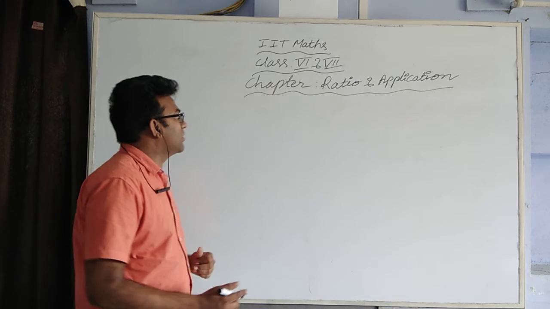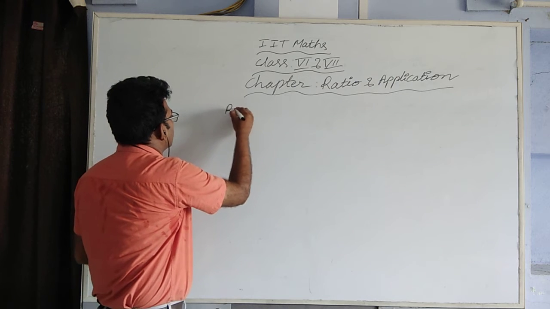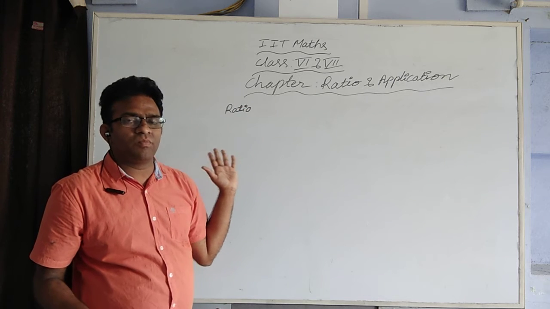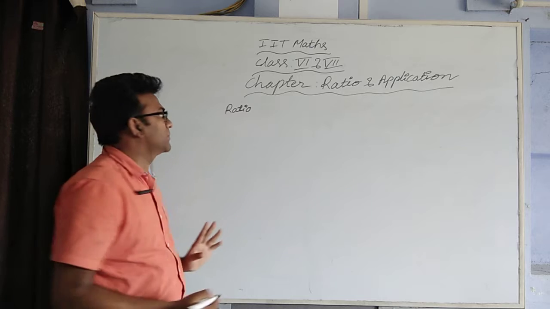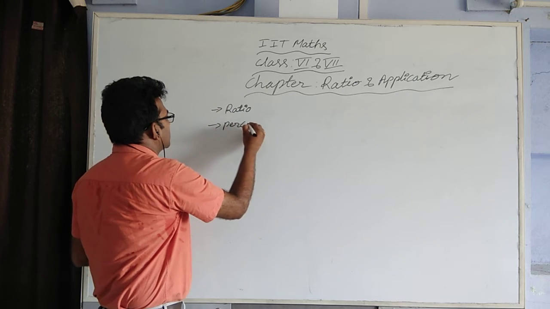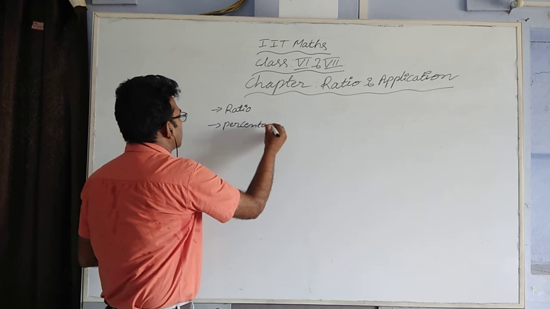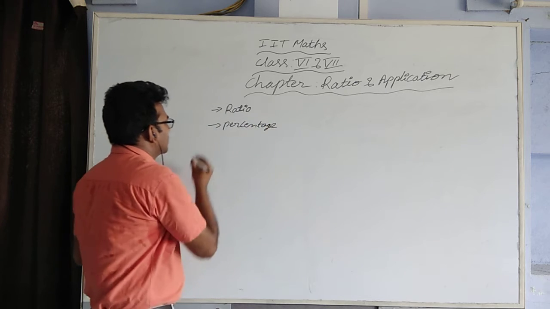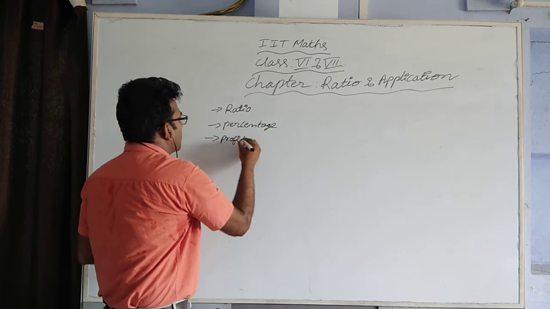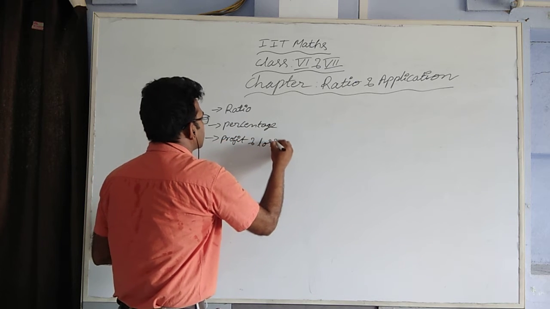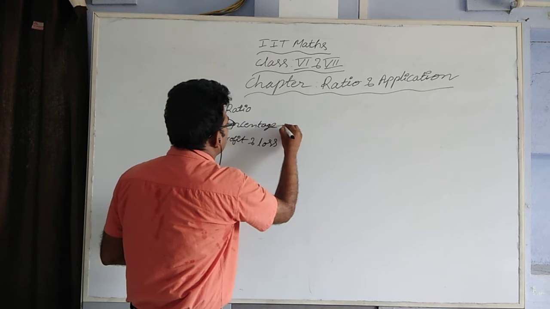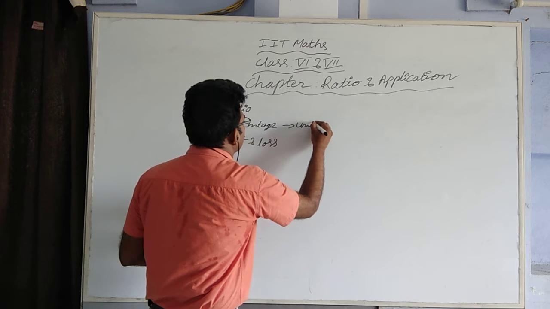So in this we have concepts like ratio. In this ratio we are going to learn compound ratio and also proportion. Next, percentage, next, profit and loss. So in this we are going to find out a unitary method.